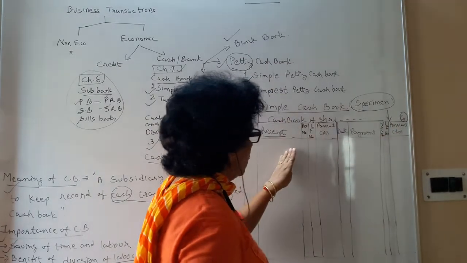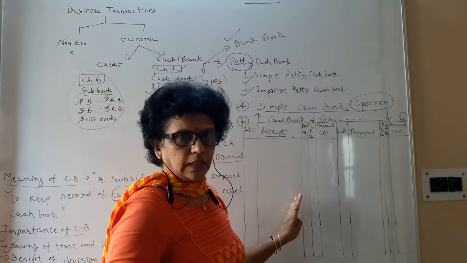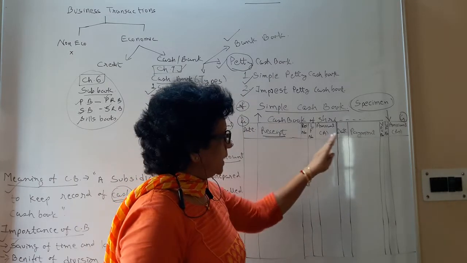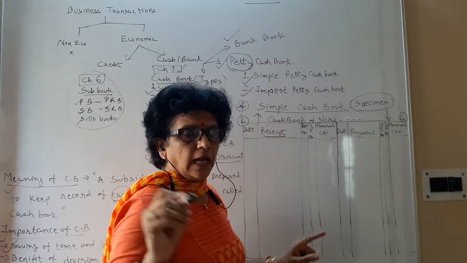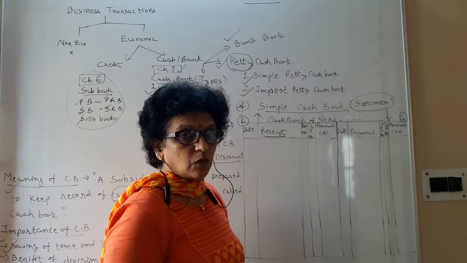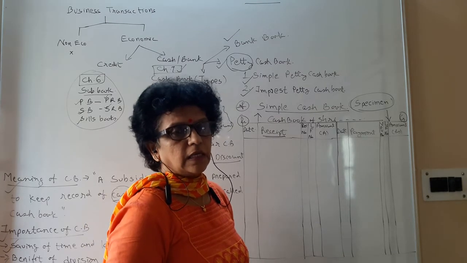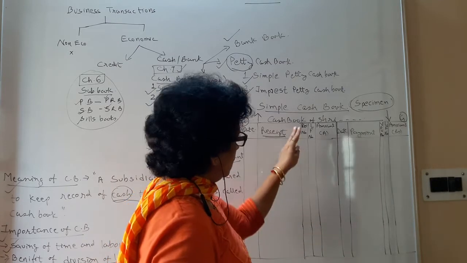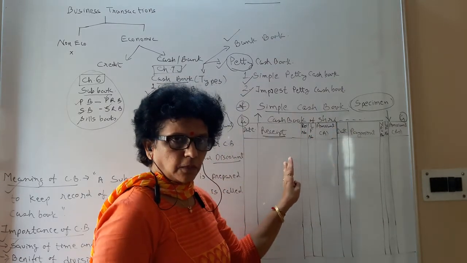And you always have cash from which you spend money, so the cash book always has a debit balance. Bank may have a credit balance, that is overdraft, but in the case of cash you never have a credit balance.